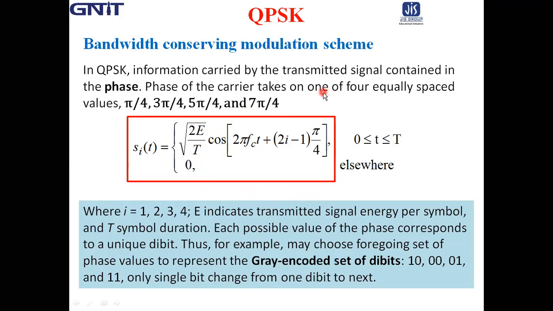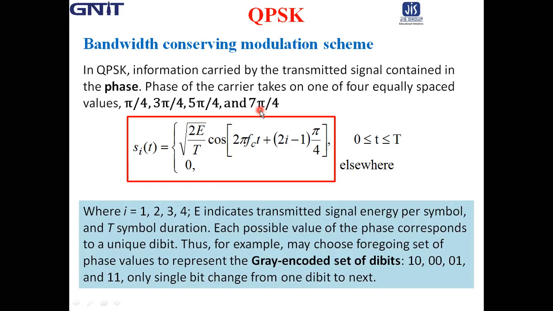So in quadri phase shift keying or QPSK, the information carried by the transmitted signal is contained in the phase. In particular, the phase of the carrier takes one of four equally spaced values, such as pi by 4, 3 pi by 4, 5 pi by 4, and 7 pi by 4.